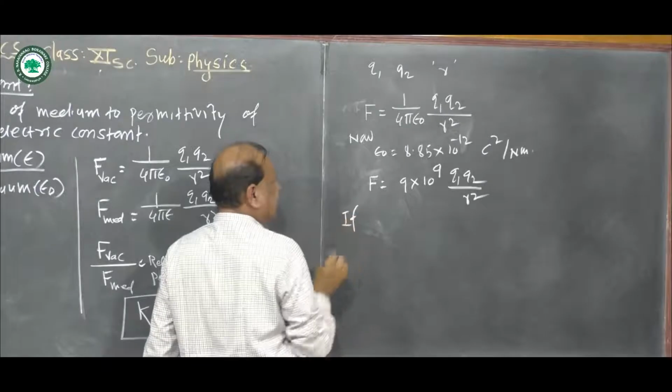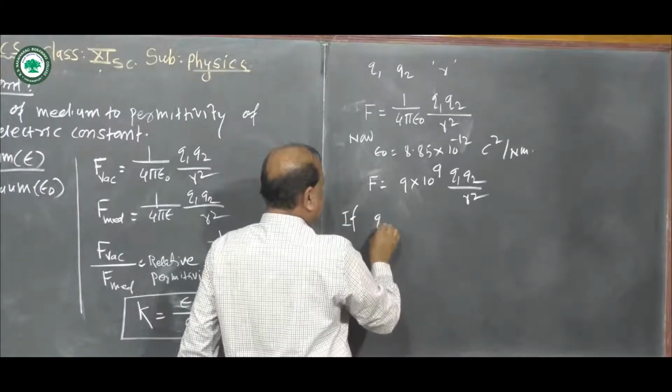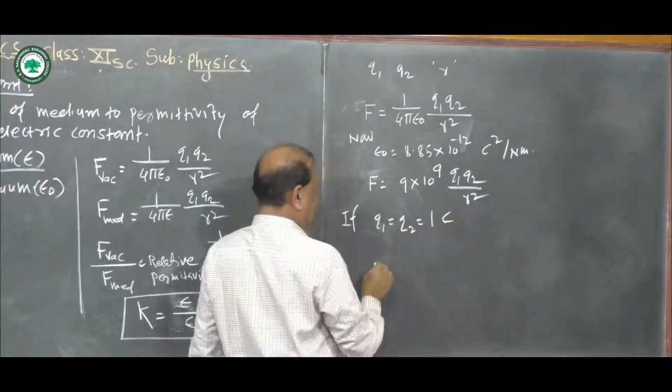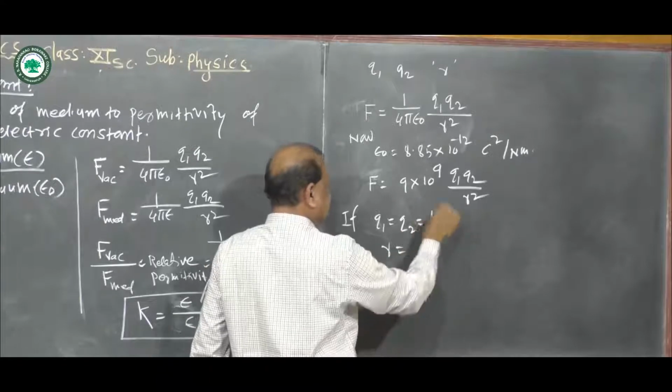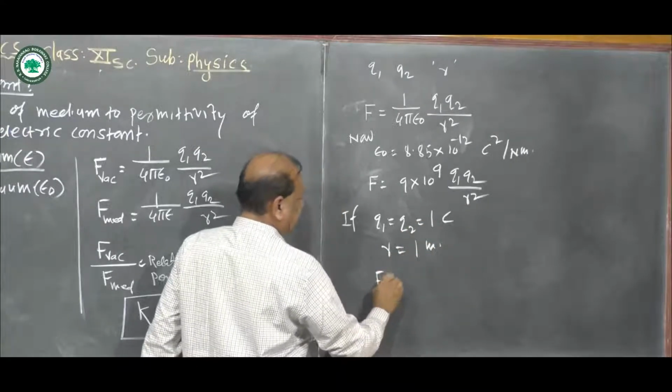Now if the two charges Q1 is equal to Q2 is equal to 1 coulomb, and the distance between the two charges is 1 meter, then what is the value of F?